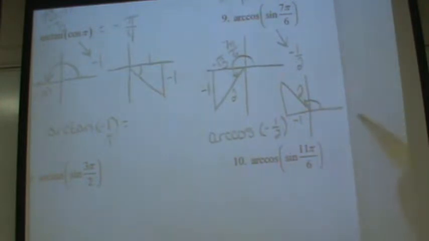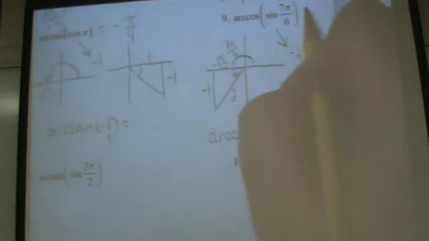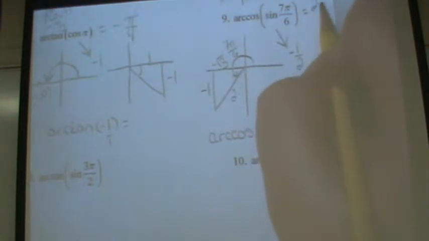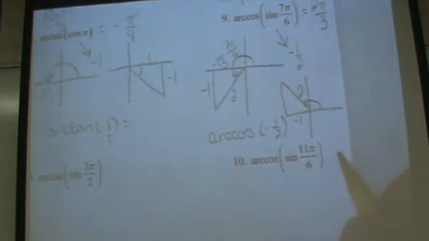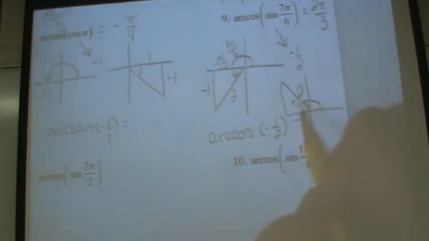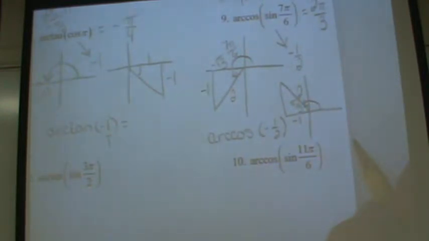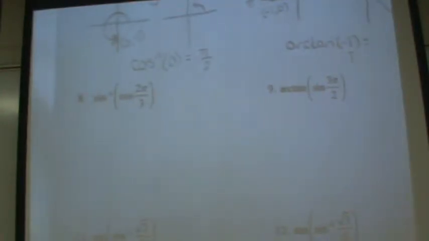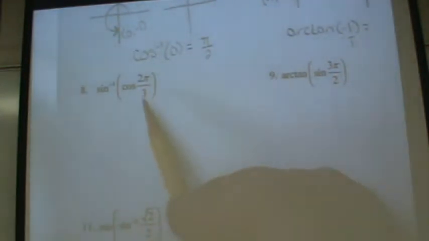So that's 2 pi over 3 again. Because we're looking here at the pi over 3 angle in the second quadrant, which is 2 pi over 3. Is everybody okay with that one? There's 2 number 8s. Okay, the next number 8.